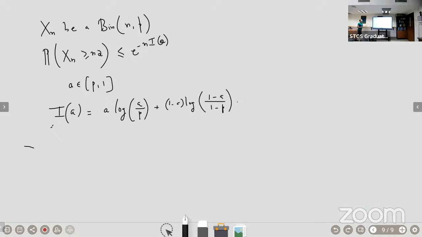So we're just evaluating this function I of a for this particular choice. It's not very deep. So I of a by our general form is the supremum.